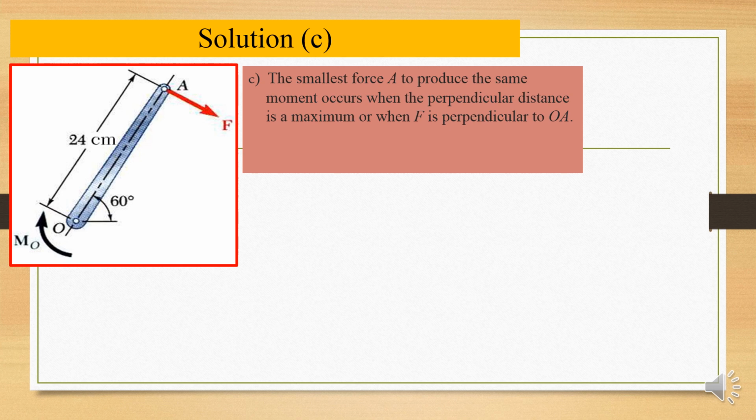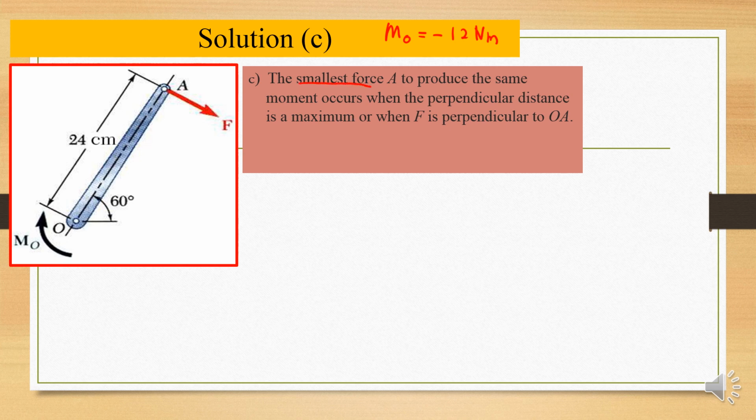From question B and question A, our moment value at point O is actually negative 12 Newton meter. So how can we produce the same value of this moment and the same direction, but with the smallest force?